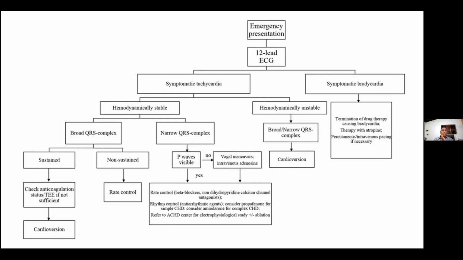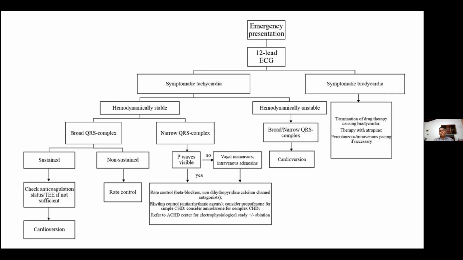So whether it's sustained or non-sustained: if it is a non-sustained one, you go for rate control. If it is sustained, you need to do, ideally, if you have the availability and access, a transesophageal echocardiogram, you need to make sure there are no clots in the atrial appendage and other areas, because these people are more prone to clots if the functions are abnormal, and then you cardiovert them.